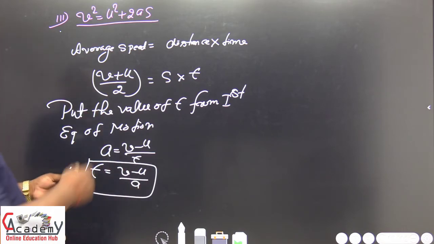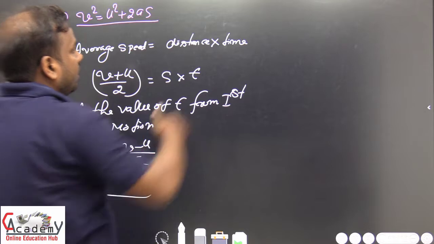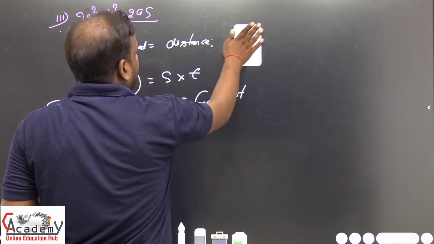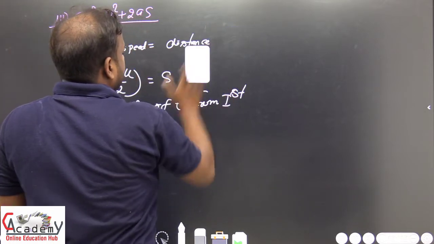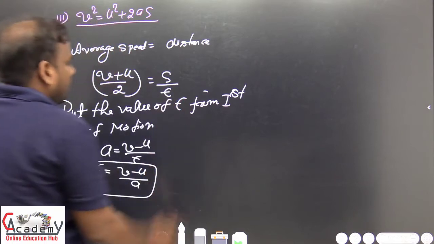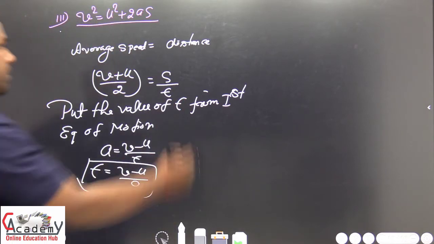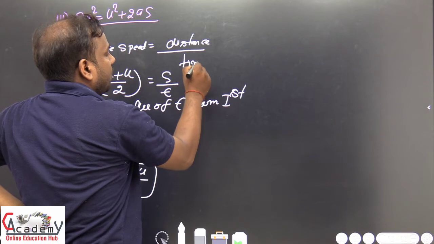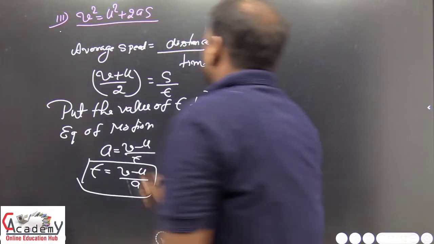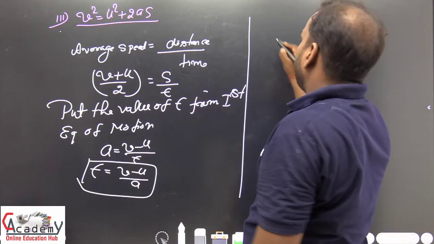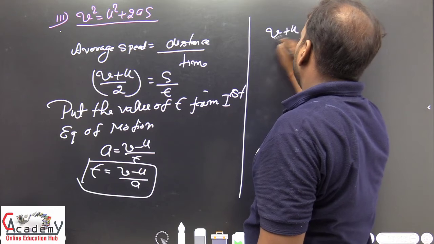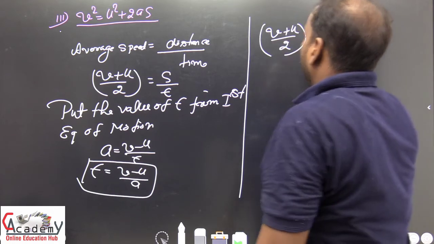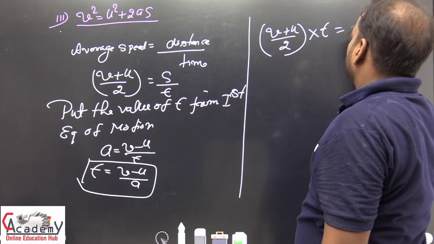Understand? Speed is equal to distance upon time. So (v plus u) by 2 multiplied by time is equal to s.